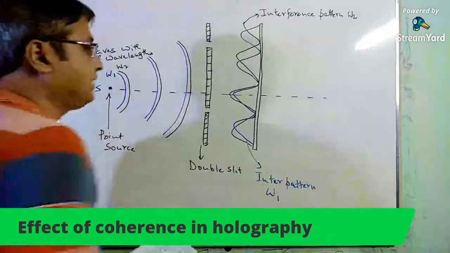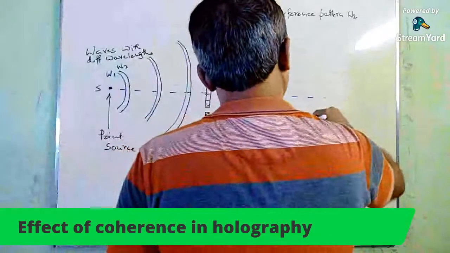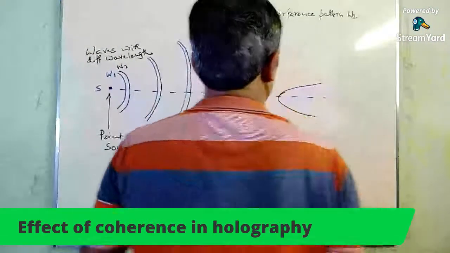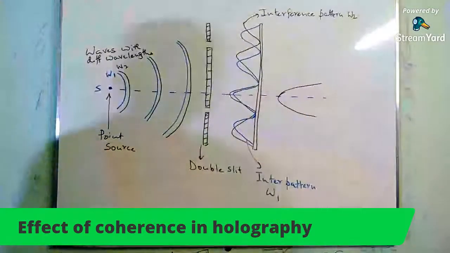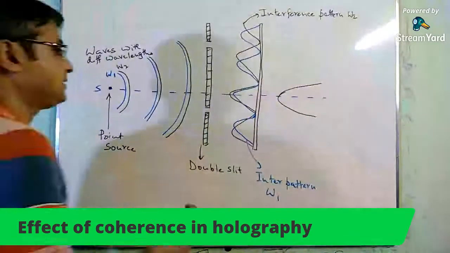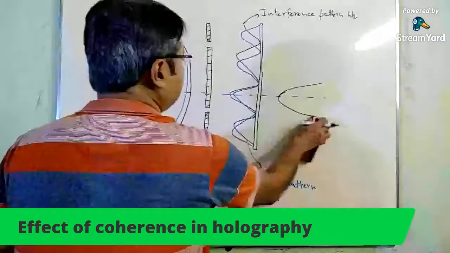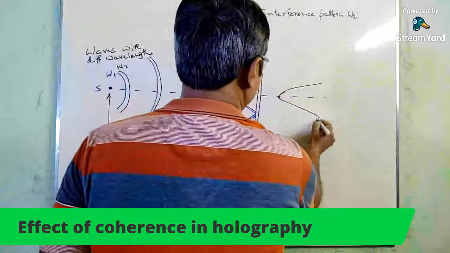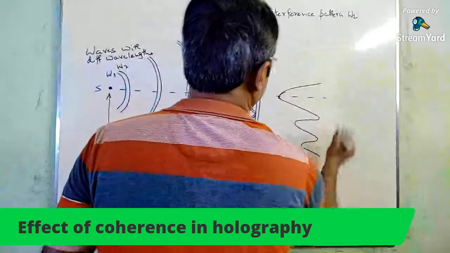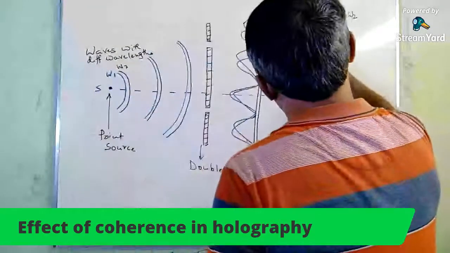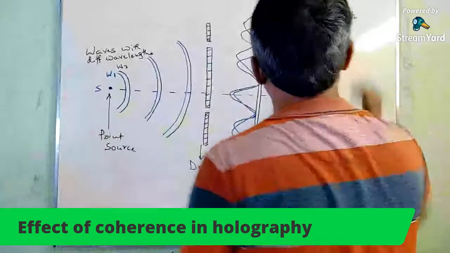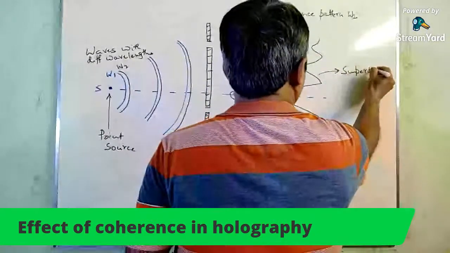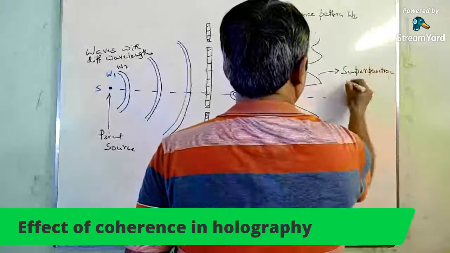We can find that here, as the two beams W1 and W2 have the same peak at the same point, the resultant or the superposition wave is actually this one. So this is the superposition result.